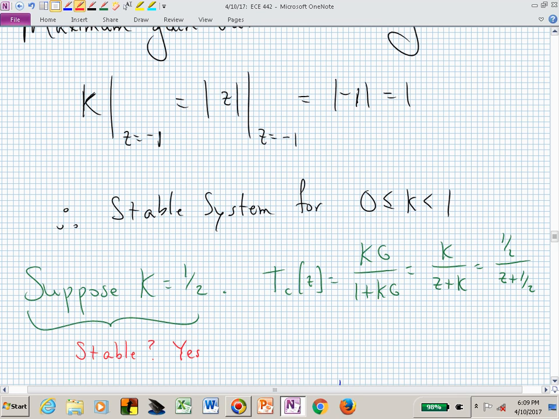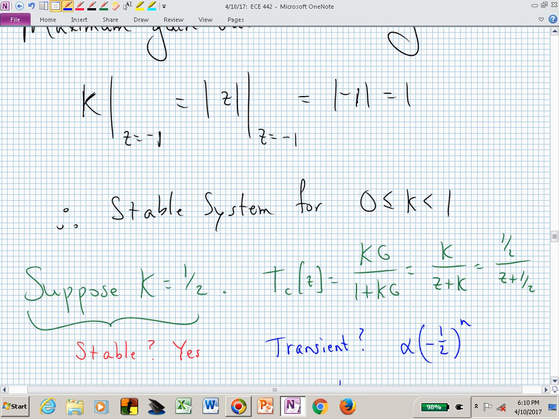So now, what's the natural, or what's the transient look like? Where's your pole? Where's your closed loop pole? Negative 1/2. So now if you wanted to look at that, wouldn't it be looking something like that? An initial condition response would be alpha times minus 1/2 to the n.